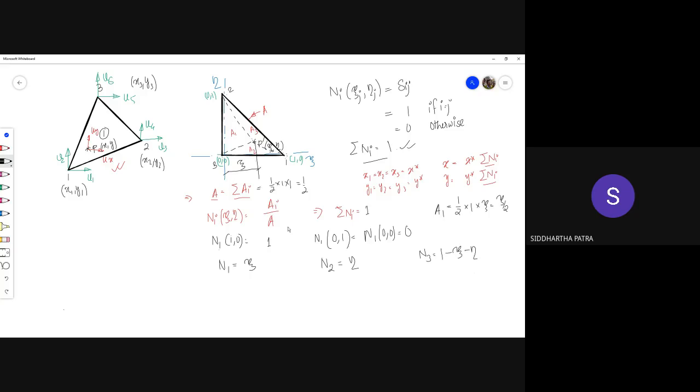Now you can check whether they are satisfying condition number 1 as well. I have got the expression for N3 by imposing condition number 2, but are they satisfying condition number 1?